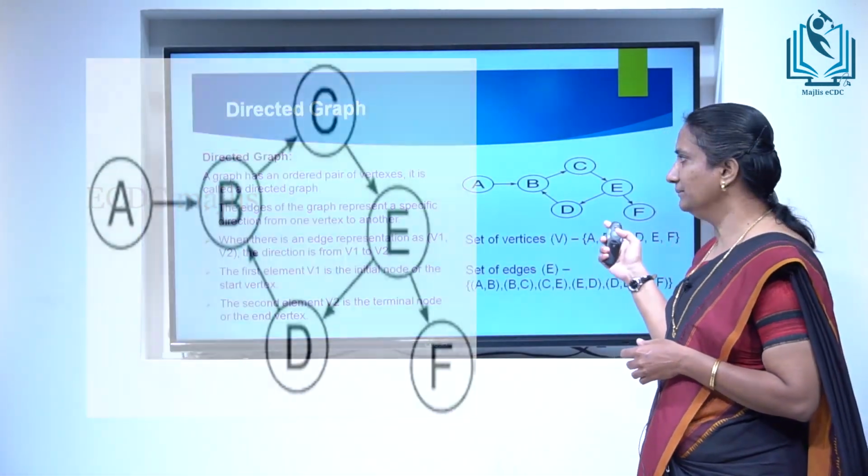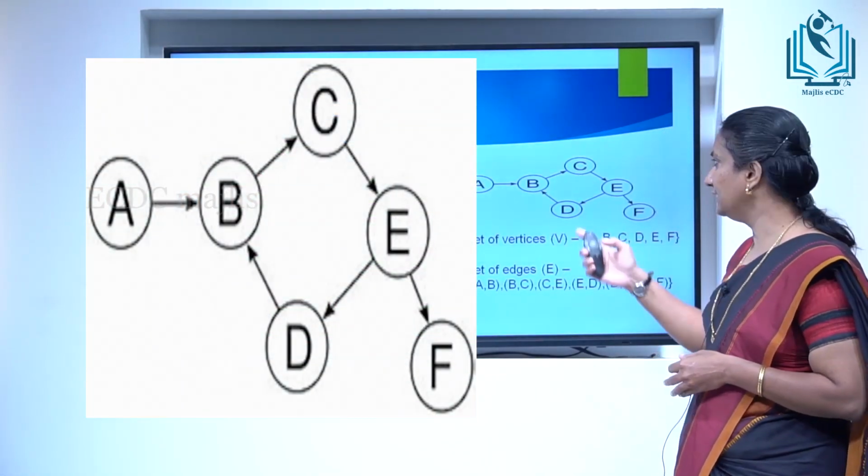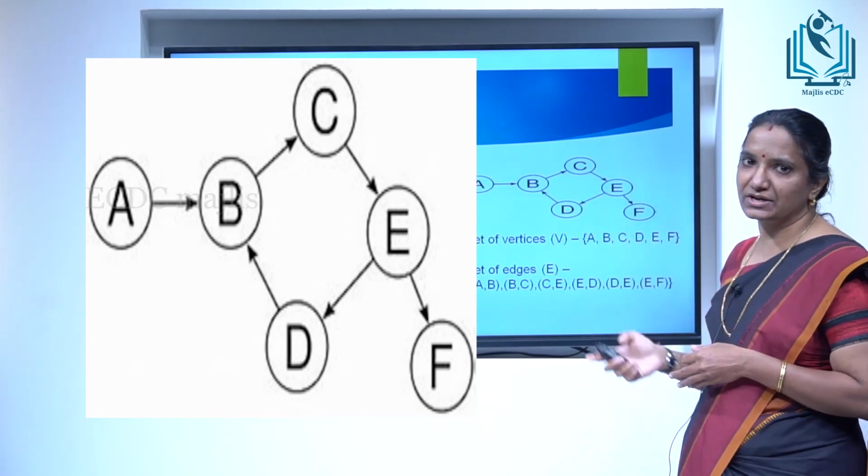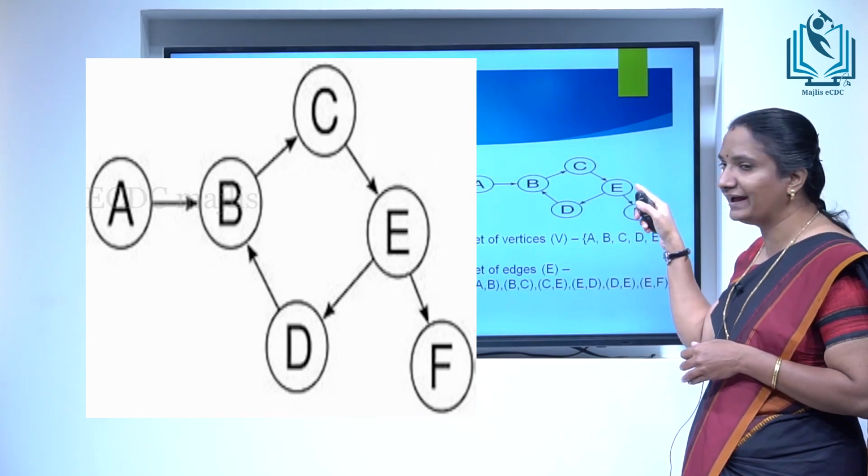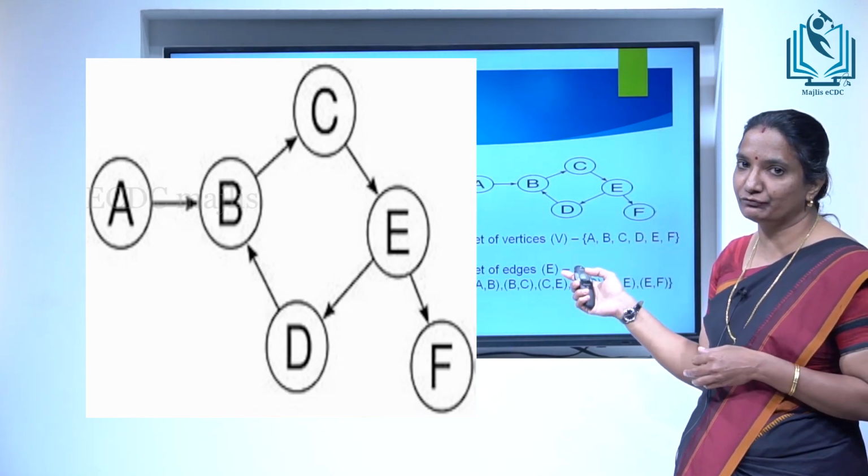In our example, it is a directed graph. Here, each edge is represented with an arrow mark, that is the direction of an edge.